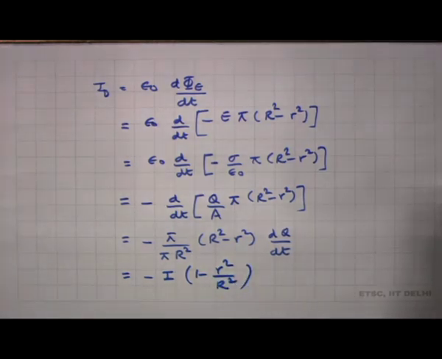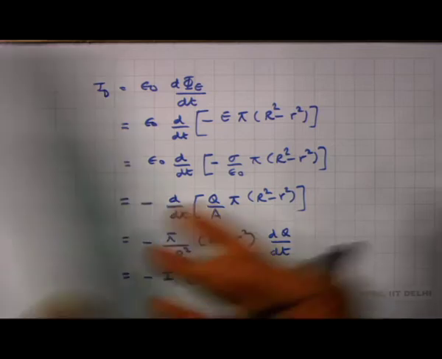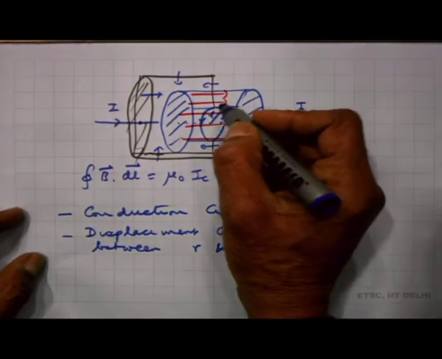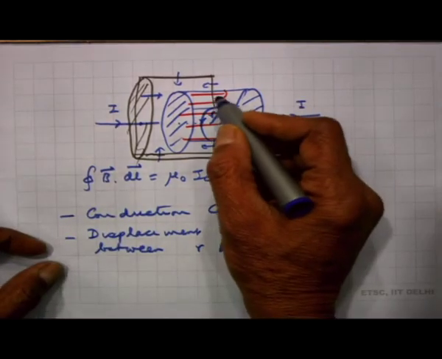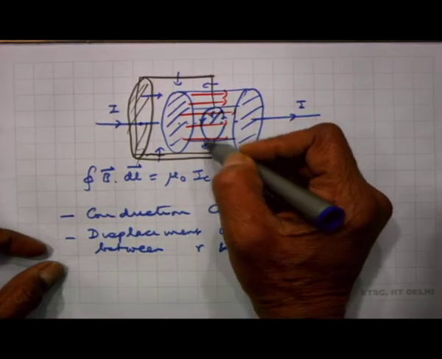So, there is a displacement current of minus I times 1 minus small r square by capital R square that is crossing this part of the surface.